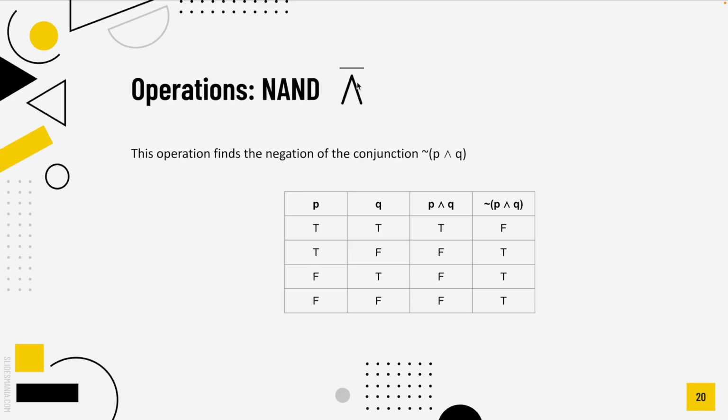That means NAND. So essentially it's taking our AND and negating it. So whatever the AND would be, you're doing the opposite of that. So here, if I find the AND: yes, no, no, no. The NAND would be false, true, true, true. So it's the opposite of your AND.